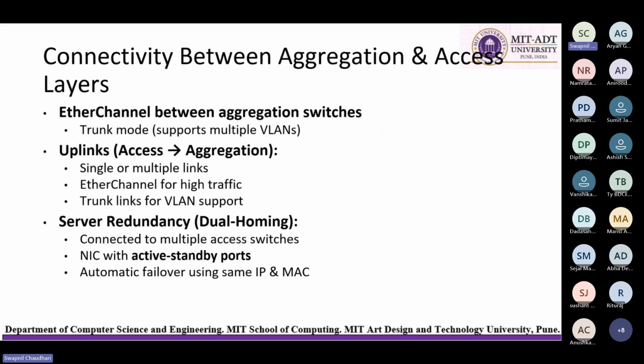Now, here we are going to see the connection between the aggregation layer and access layer. Let's see how the connectivity is established between the aggregation switches, access switches and the servers in data centers. First point is the Ethernet channel between the aggregation switches. Let's first look at the connection between the aggregation switches.